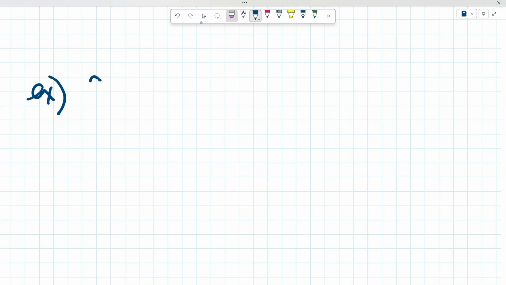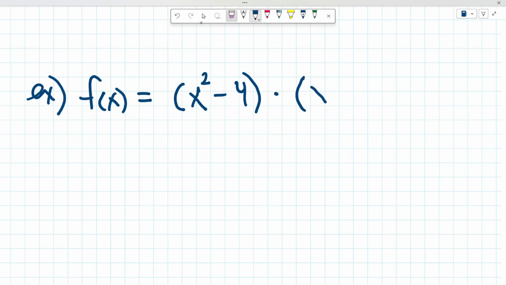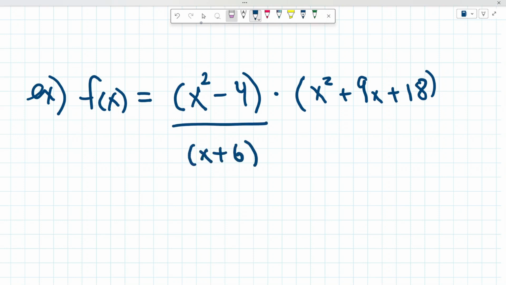So we have f of x equals x squared minus 4 multiplied by x squared plus 9x plus 18. The first term is divided by x plus 6 all squared, and the second term is divided by 2 multiplied by 2 minus x.